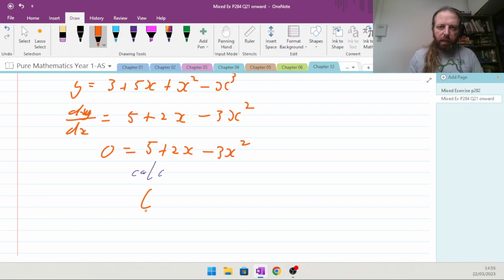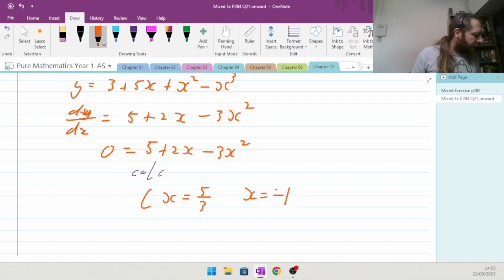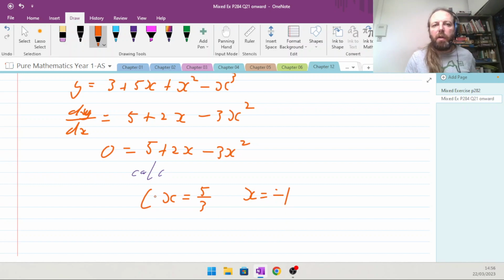And it tells me x equals 5 over 3, and it also tells me x equals minus 1. So that's the point that it's at 0. Therefore, I can say, what did it want to do? It wanted to find the coordinates of A and B.